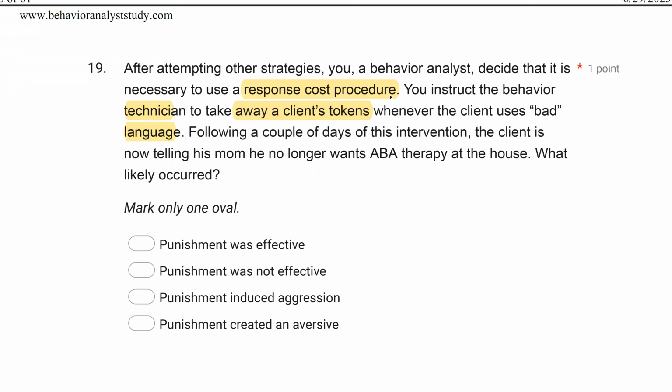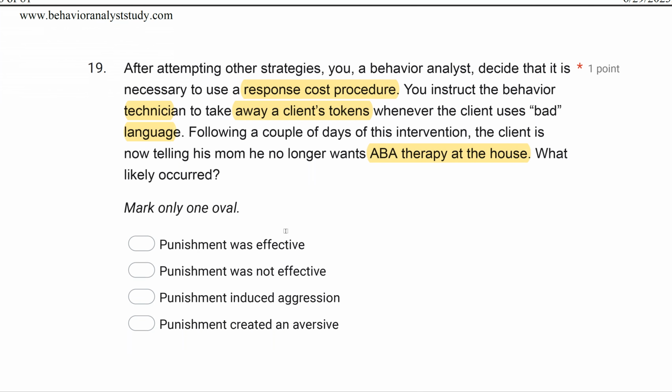The technician is now administering punishment, likely becoming an SD for punishment because the client is saying, I don't want ABA anymore. What's likely occurred is, as a result of the response cost punishment procedure, the technician has now become an aversive.